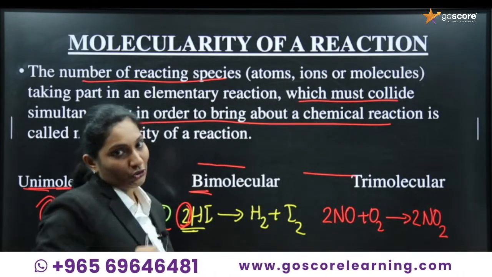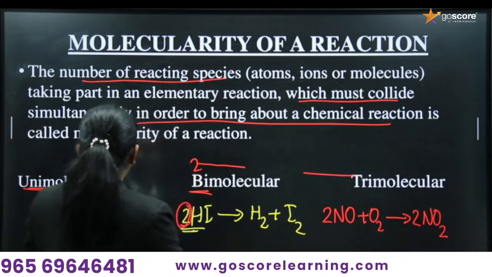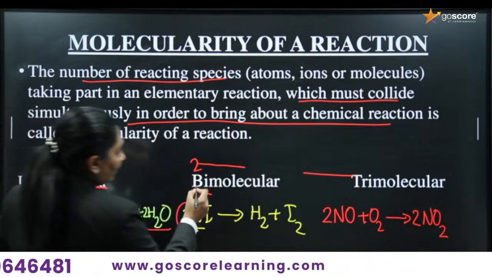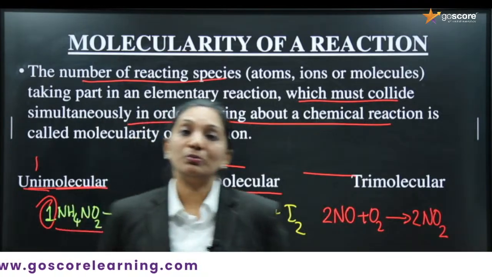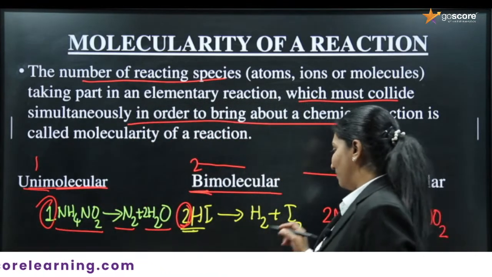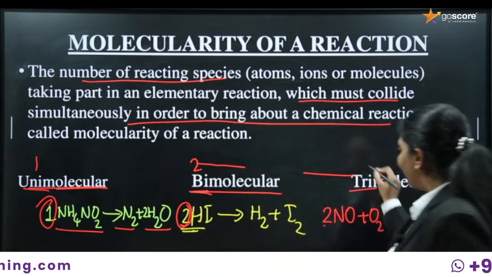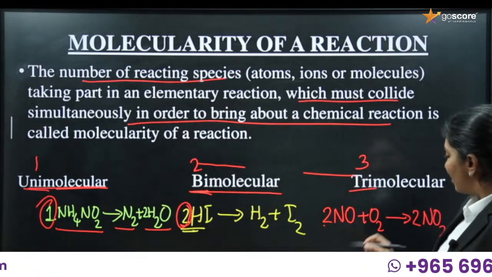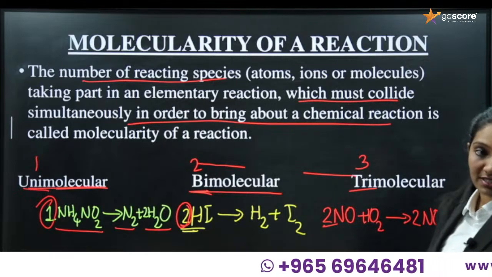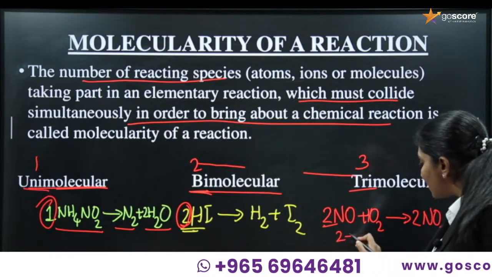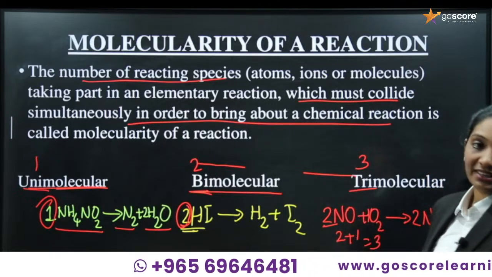Bi means 2, uni means 1. In bimolecular reactions, there will be 2 molecules in the reaction. Tri means 3. See here, 2 nitrogen monoxide and 1 oxygen, so this will be 2 plus 1, 3 molecules.